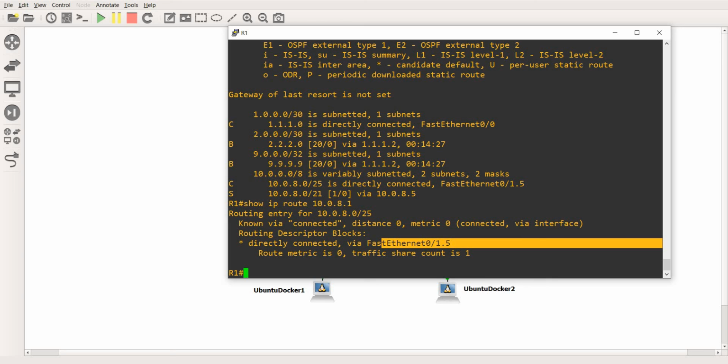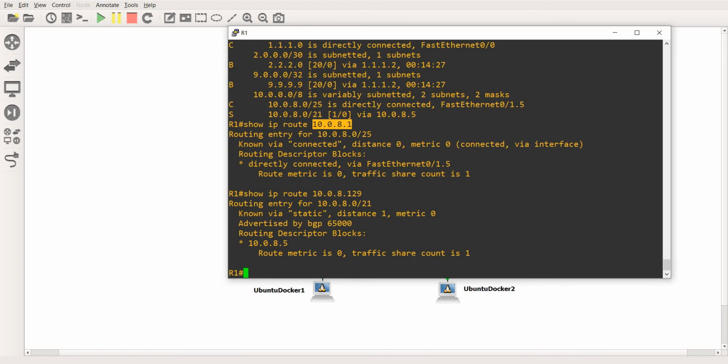So let's say that we have another destination IP address, and that IP address is actually, for example, 129. By using this command, we know that this router is going to use this route to forward that packet.